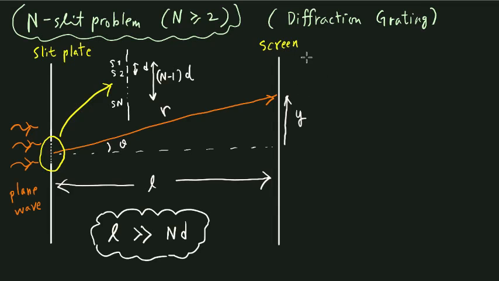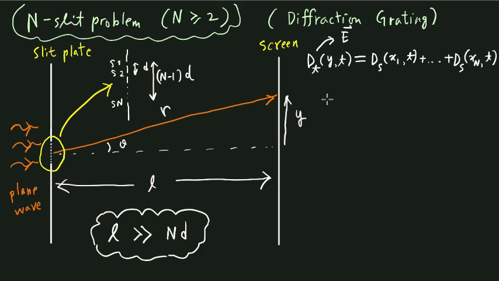So let's ask the question, what is the solution of this n-slit problem? We can proceed like in the double slit problem. The total wave field on the screen is given by the superposition of waves coming from each slit. Remember that this D, in the case of light, is an electric field. So this is the wave coming from slit 1, plus the wave coming from slit n.